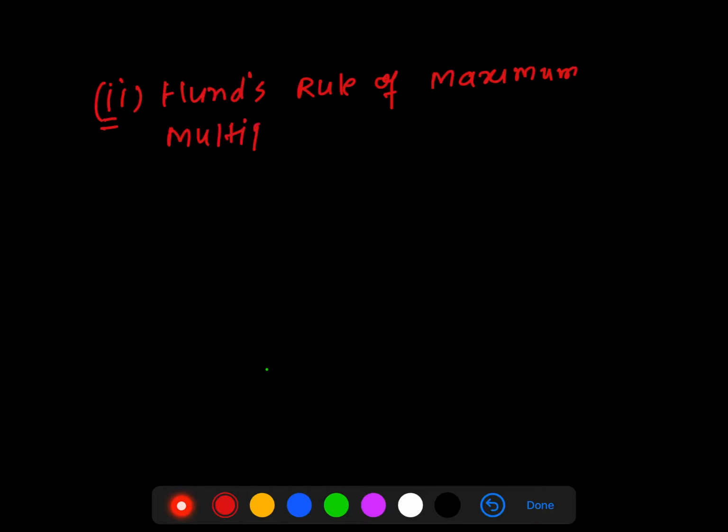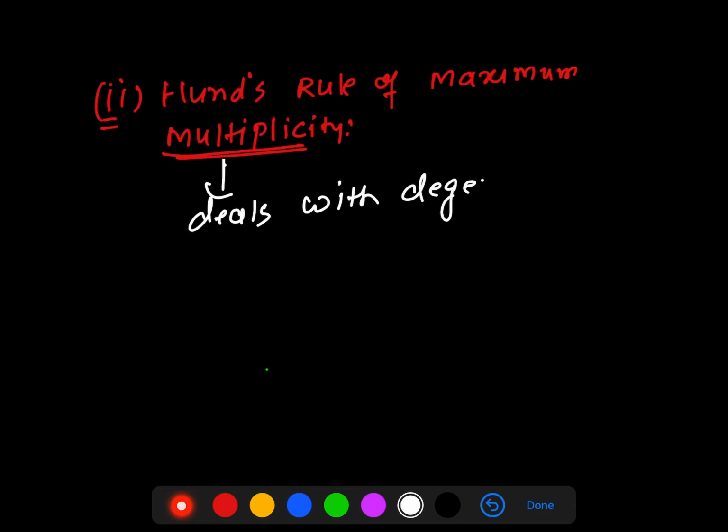Next, the second one is Hund's rule of maximum multiplicity. What does this say? This deals with degenerate orbitals.